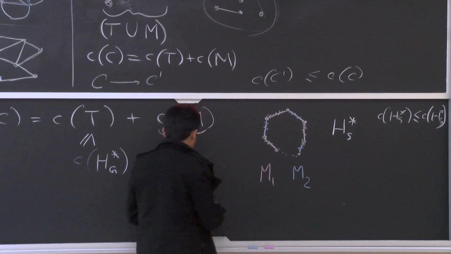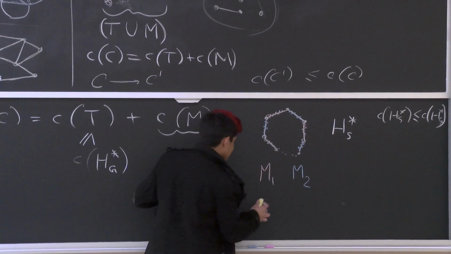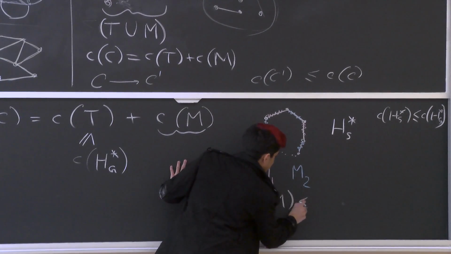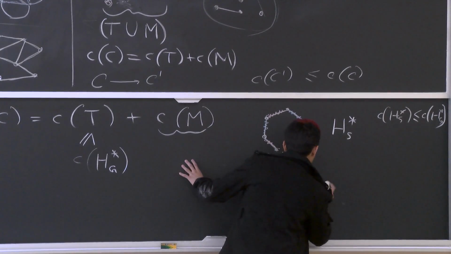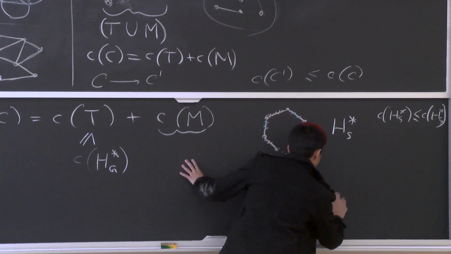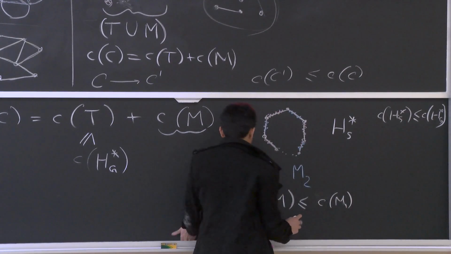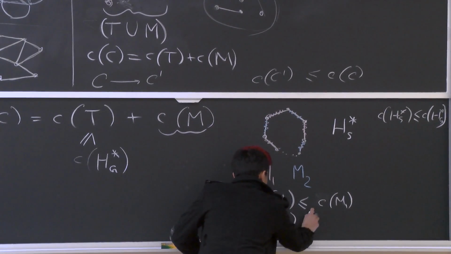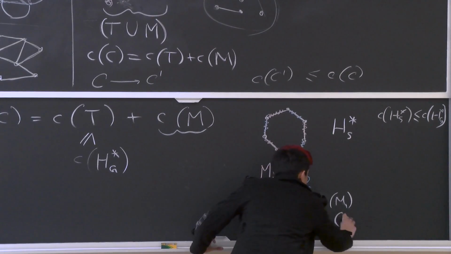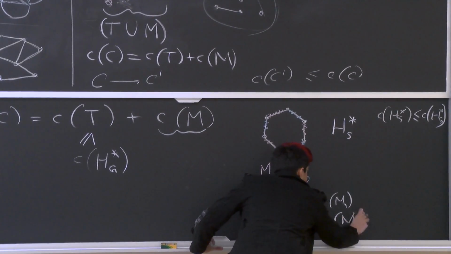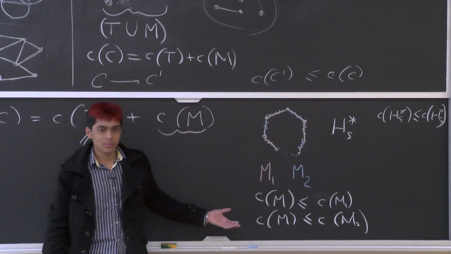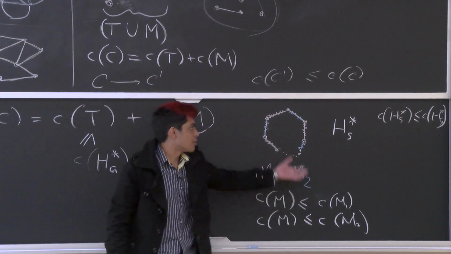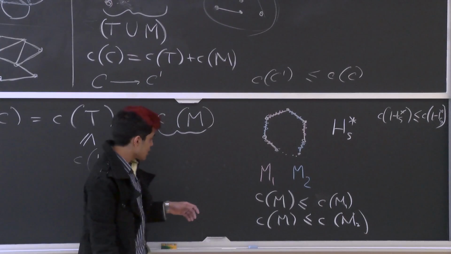And because we know the minimum matching is M, cost of M is less than or equal to cost of M1. And also, the cost of M is less than or equal to the cost of M2. Make sense? Because M was the minimum cost matching. You have cost of M is less than any other matching, which is constructed from this.